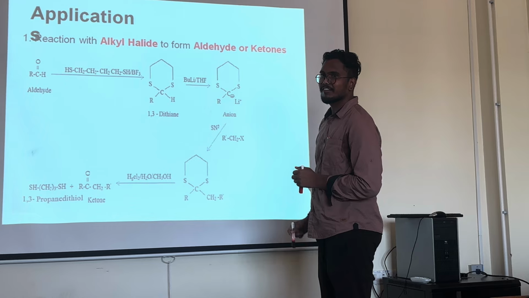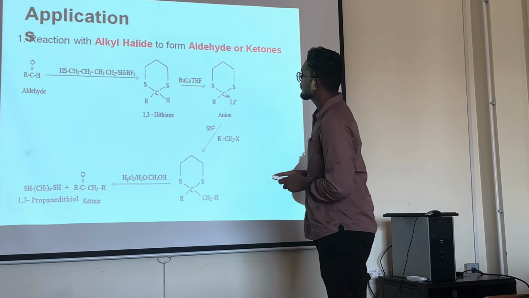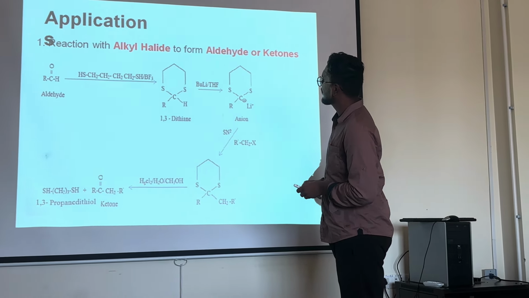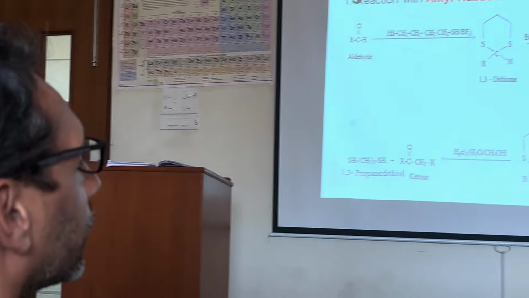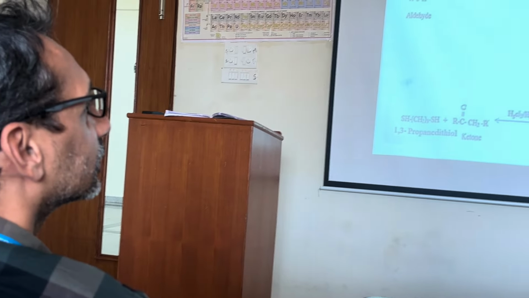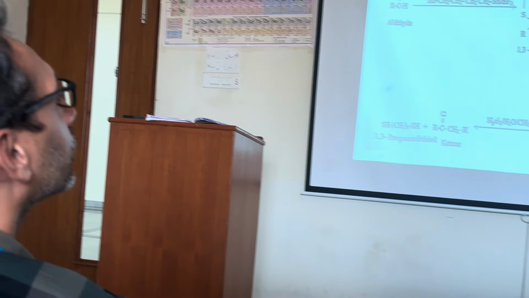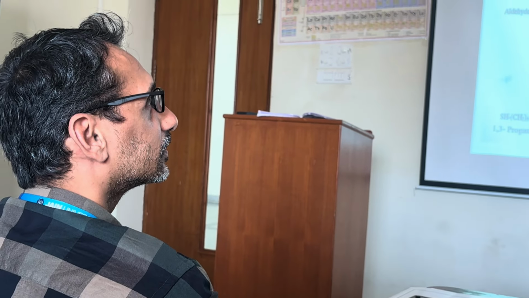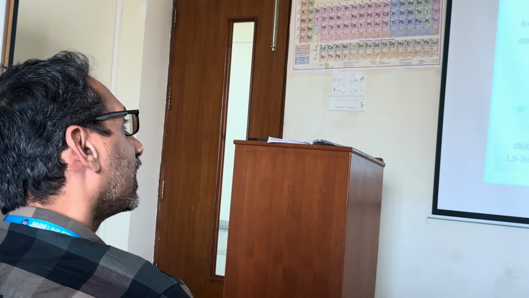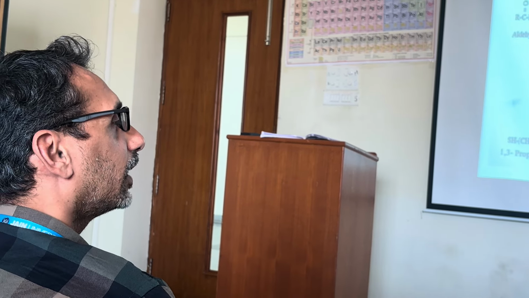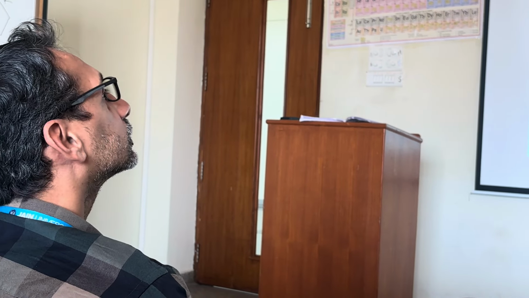The preparation is the reagent. So you need to use it for the conversion of alkyl halides to aldehyde. The first step till dithiane preparation is the reagent preparation. Then alkyl halide we are using as a reagent and converting the alkyl halides to the respective aldehyde or ketone. Dithiane is the reagent.